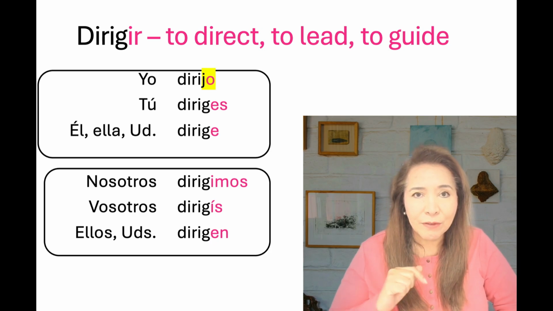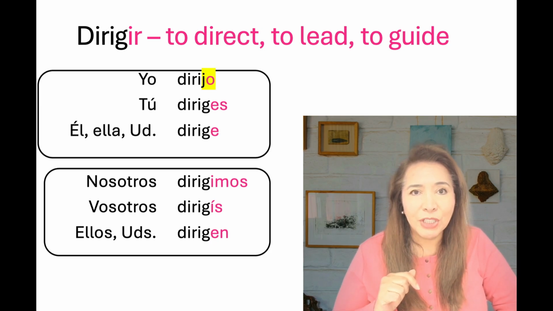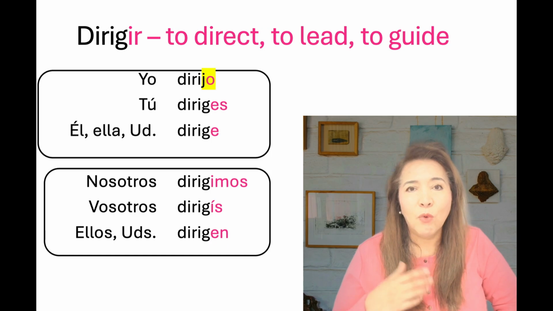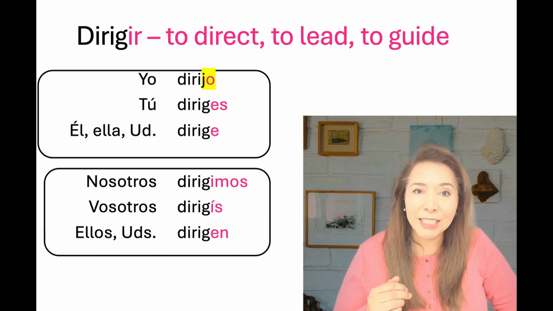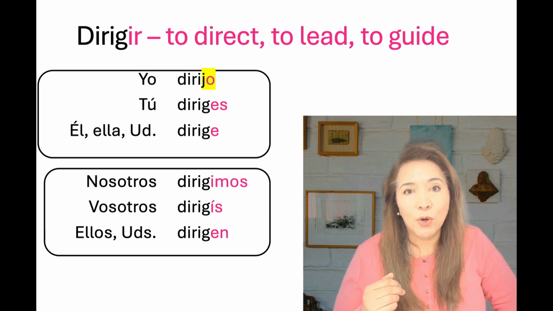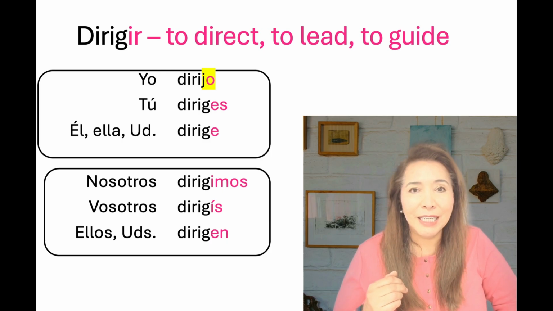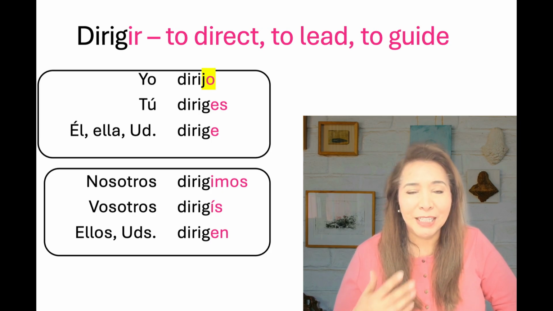That G from dirigir changes to J, dirijo. Why? Because if we didn't change it, it would sound dirigo. And the verb is dirigir with a soft G. Yo dirijo, tú diriges, él dirige, nosotros dirigimos, vosotros dirigís, ellos dirigen.